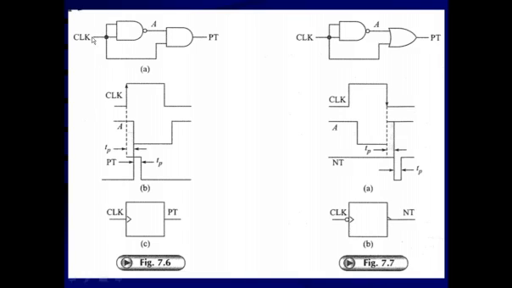The clock pulse, which we have shown in the previous figure, is given directly to the input of the NAND gate. Both inputs of the NAND gate are shorted, and hence this NAND gate works as a NOT gate. So, the output of the NAND gate will be the complement of the clock pulse. Now, the output of the NAND gate A and the clock pulse directly are both given to this AND gate.